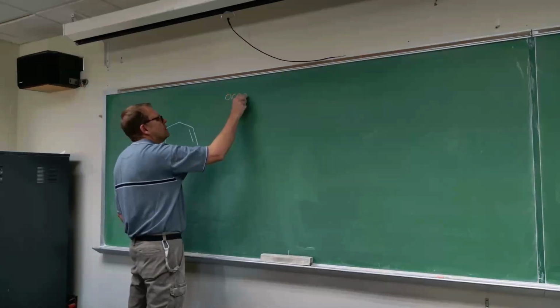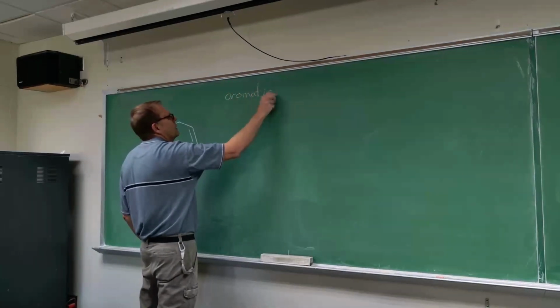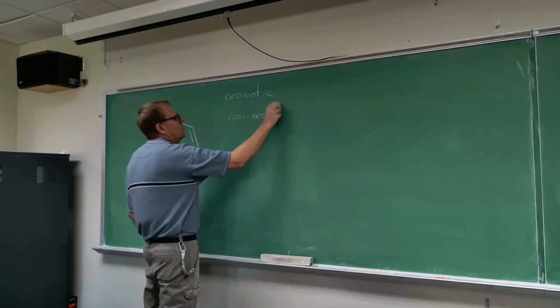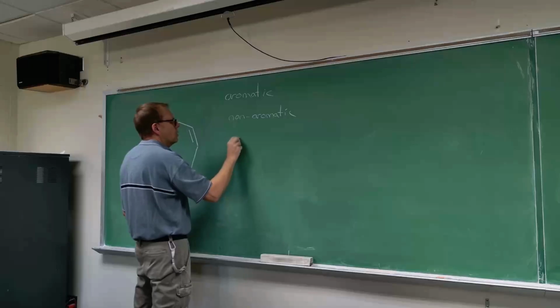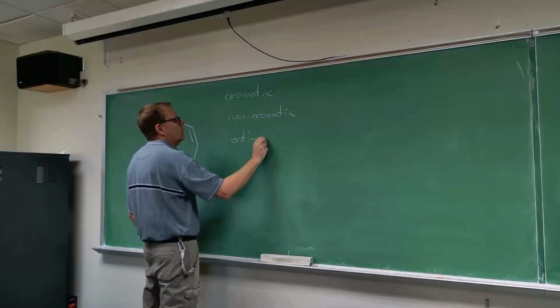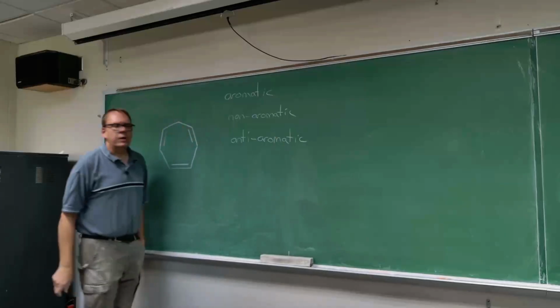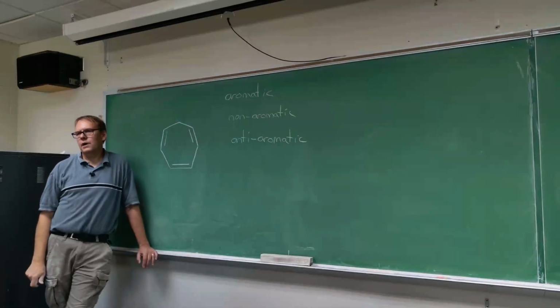You might see this and it might be, is it aromatic, non-aromatic, or anti-aromatic? You might have to circle one of the three. This is a real common kind of question.